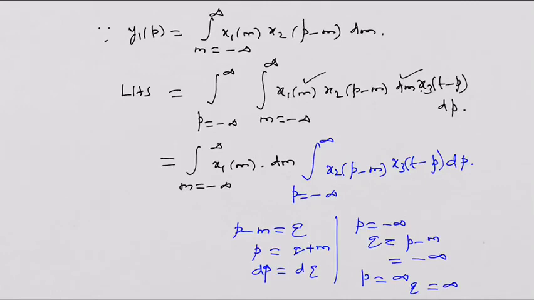So replacing p minus m by q, and p by q plus m, I can simply go for a new representation of the LHS equation. This becomes the integral with m varying from minus infinity to plus infinity of x1 of m into dm, which is available as such. You leave it.